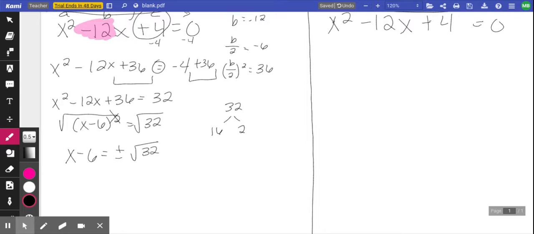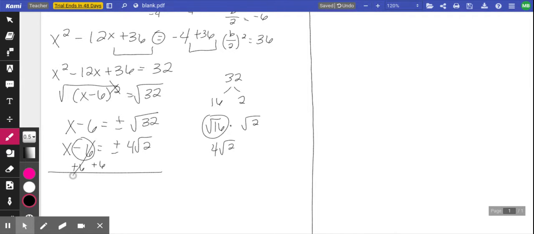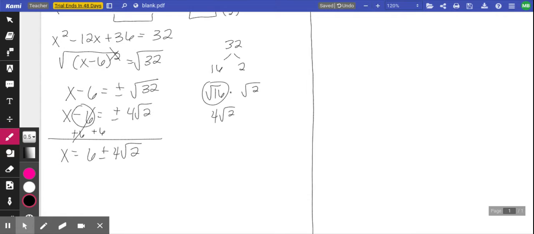Therefore, this is the same thing as the square root of 16 times the square root of 2, which is 4 square root of 2. So then now I have x minus 6 is equal to the positive and negative 4 square root of 2. Using inverse operations, I need to add 6 to both sides of my equal sign. And I have x is equal to 6 plus or minus 4 square root of 2. So this is solving it with completing the square.